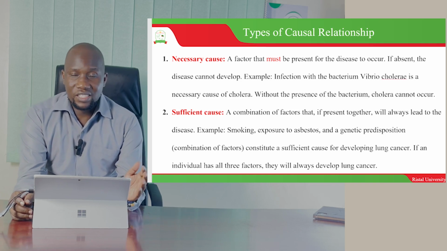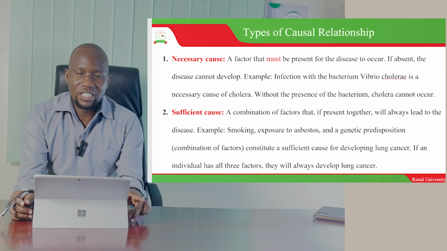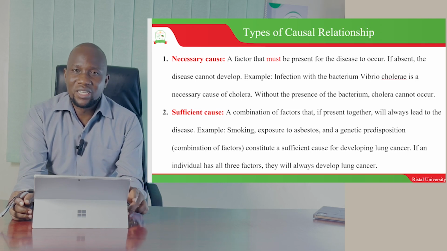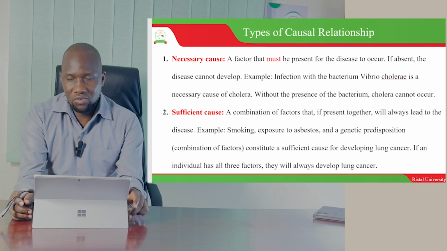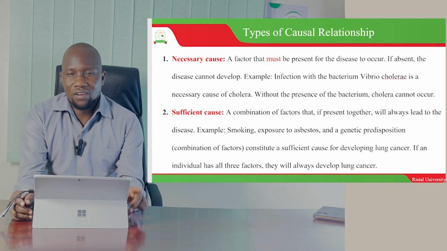Okay, so that is the necessary cause. That means that the plasmodium should be the agent that has affected you for you to get malaria. So if you don't have the plasmodium species in your blood, then you will not have malaria.